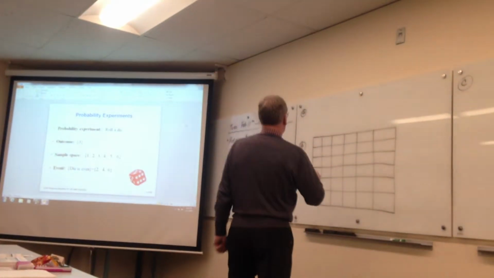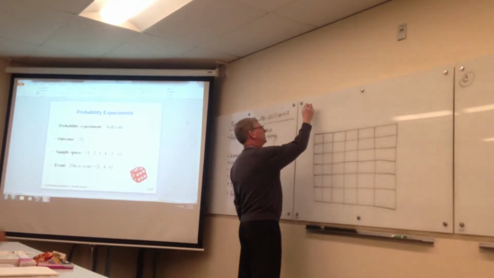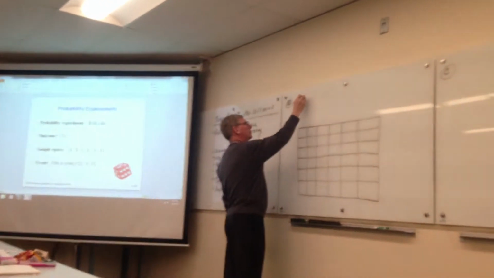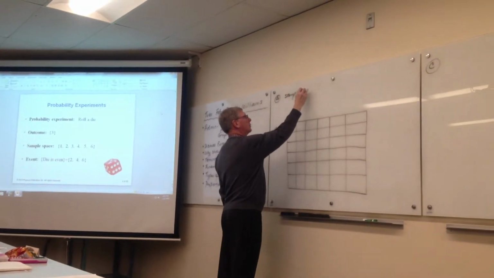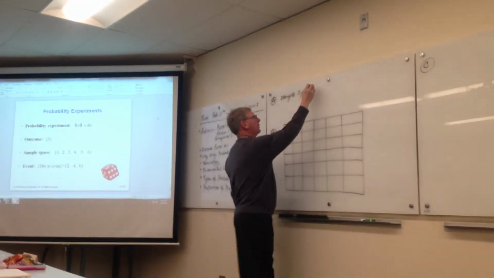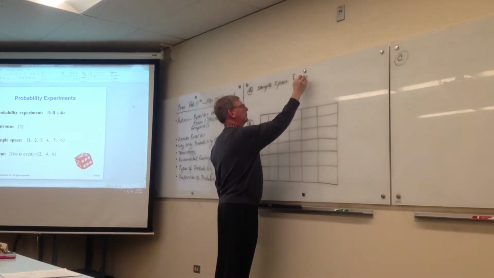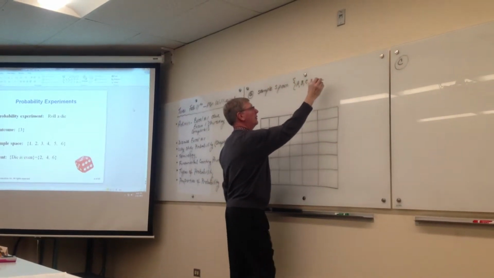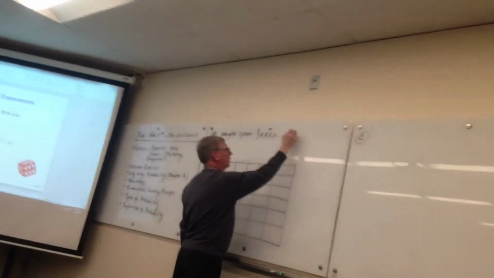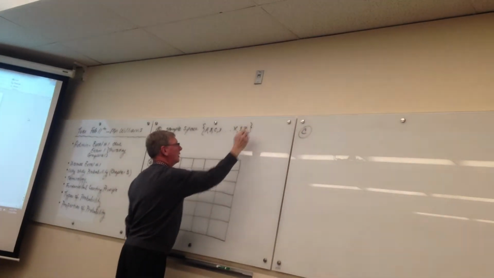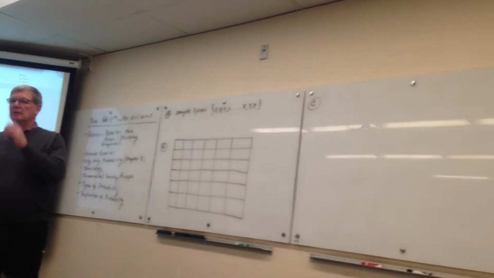So the sample space, and actually I put a little set notation for you, but it would be what? A, B, C, D, X, Y, Z. And how many different possible outcomes could occur then? 26, right?